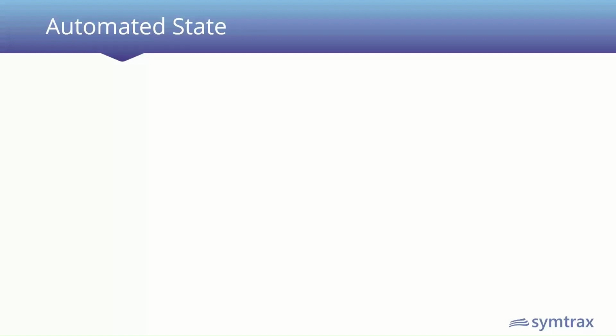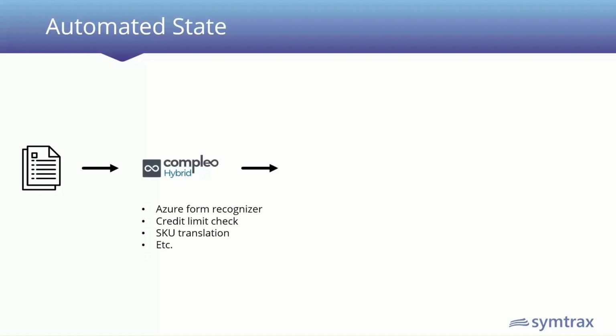In the automated state that we envision, or for what we have done with our clients, when the documents come in, these documents can be your purchase orders, accounting documents, credit documents, invoices, and whatnot. Using our platform called Compleo Hybrid, we are able to do a few checks.